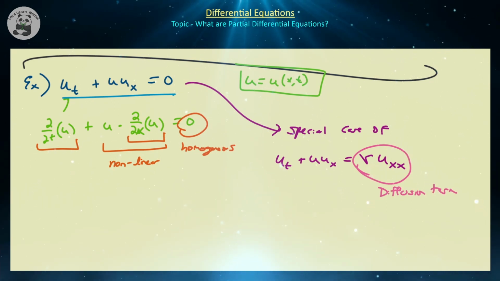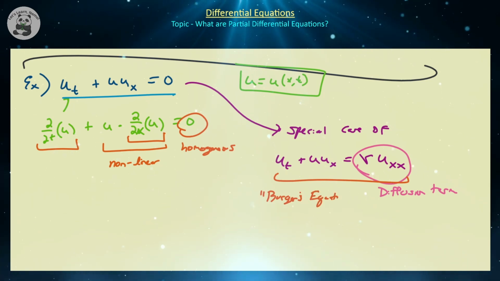And in terms of the applications of this equation, sometimes this is called Burger's equation. It has a lot of physical applications in the realm of fluid mechanics, and this new term is sometimes called the viscosity coefficient.